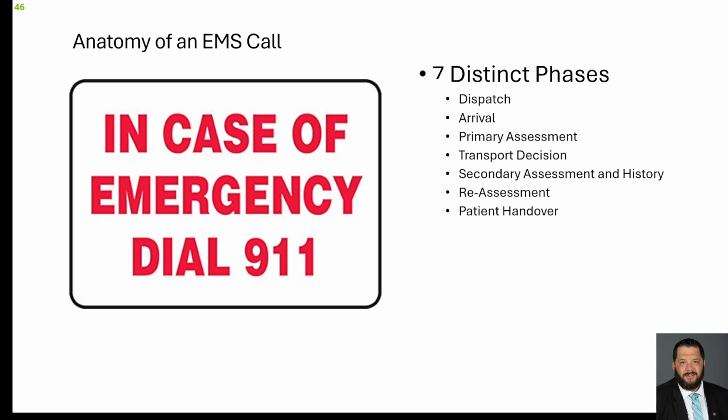So it's important to know that through each of these pieces, we may move pieces up and down depending on what the needs of that individual call are. Each patient presents differently, and therefore each approach may be a little bit different.